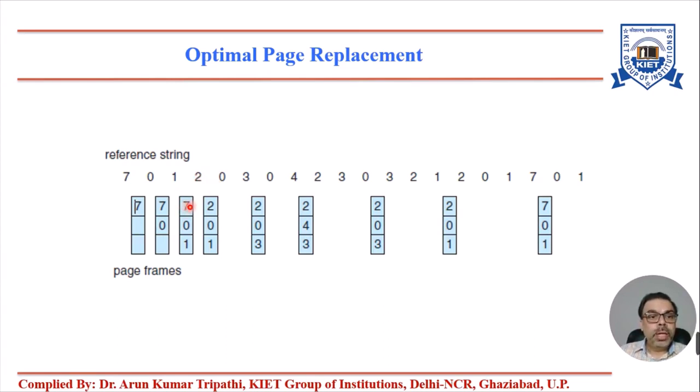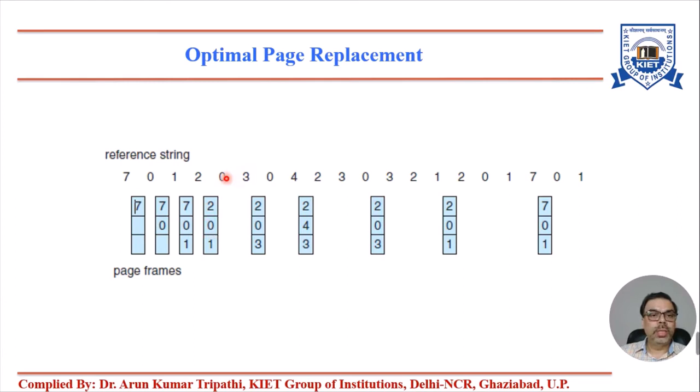So here the pages are 7, 0 and 1. So we will search. 0 will be used here, 1 will be used here, and 7 will be demanded at the last. So it will replace 7 first. So it has replaced 7, then after that 0 and then 1.